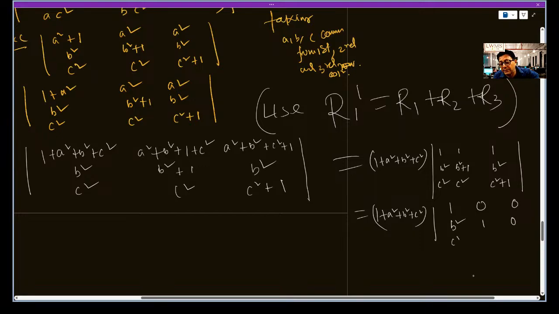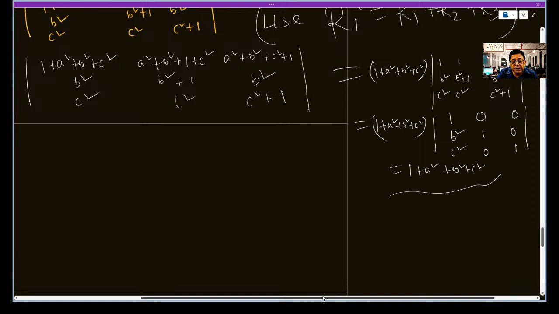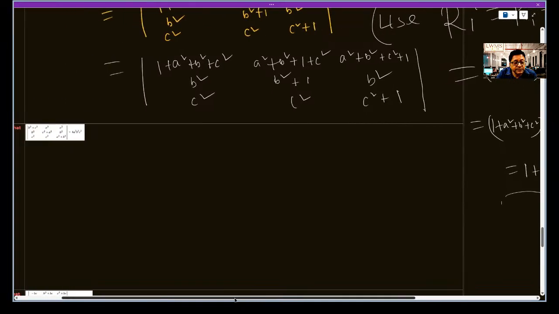And then expand. Clear? Just expand. In next step only you are getting the answer. Okay? Clear? The value is 1 plus A square plus B square plus C square. Clear? Let us go for the next one.